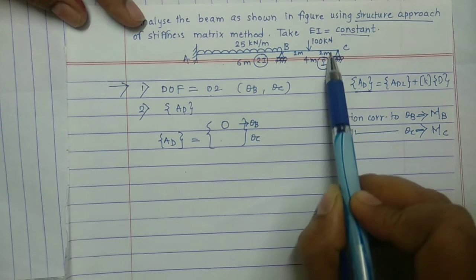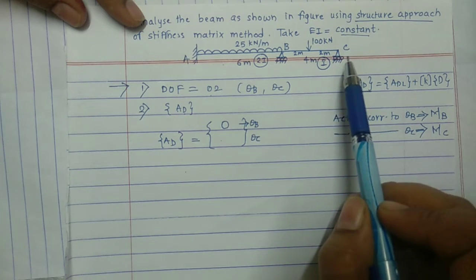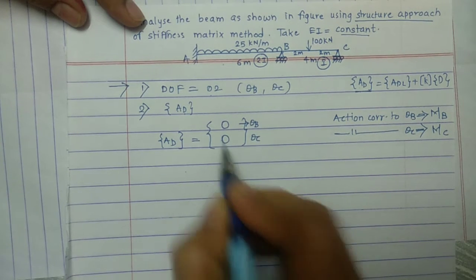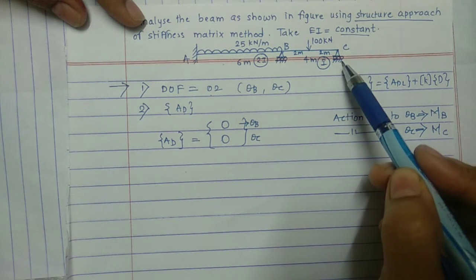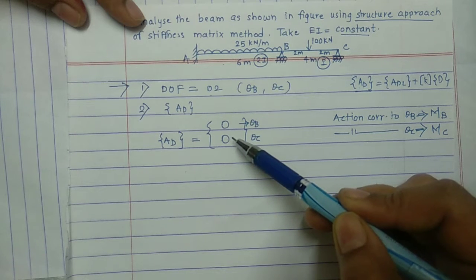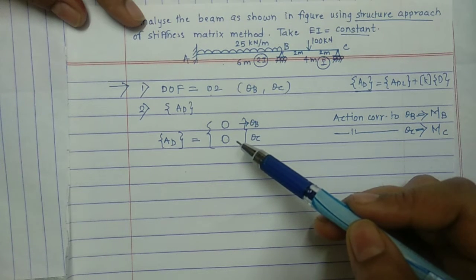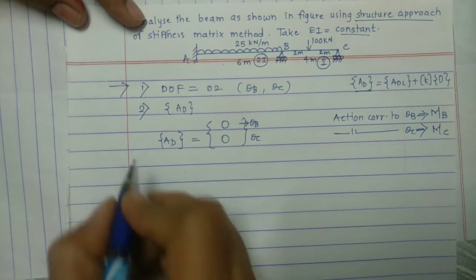Is there any moment given at support C? No. So write 0. If any moment is given at supports B and C, then you write that value with the sign convention: anti-clockwise positive, clockwise negative. So this AD matrix is completed.